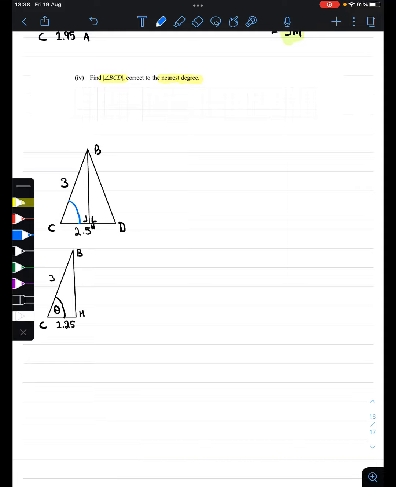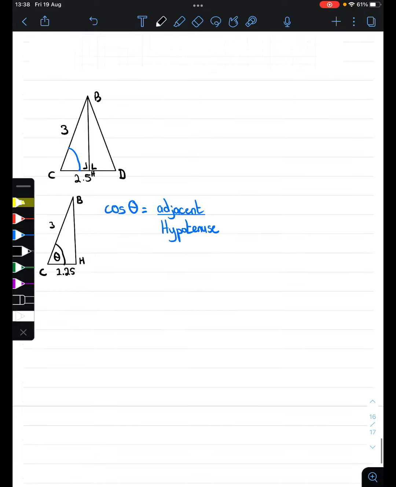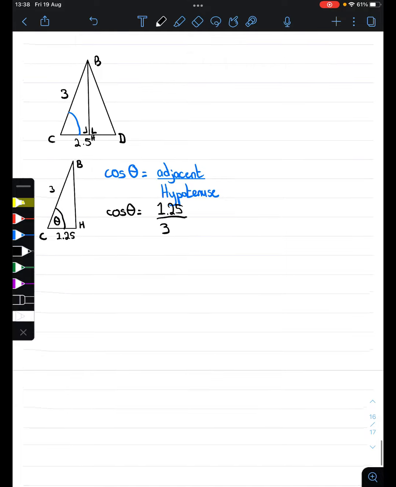So cosine of an angle is adjacent over hypotenuse. And so cosine of this angle is equal to 1.25 over 3, the hypotenuse.